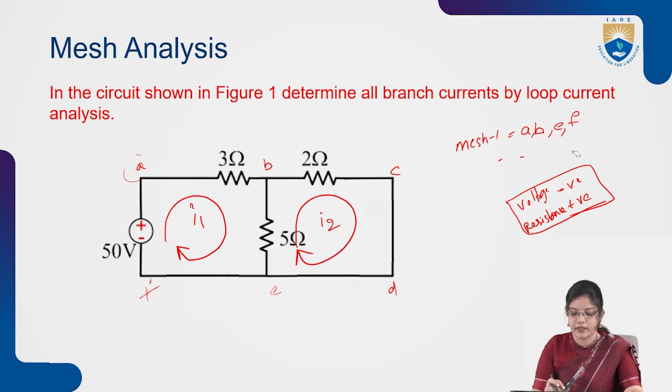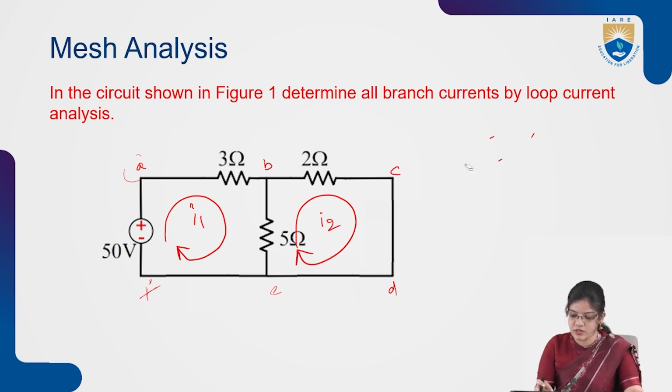Then we have to write the mesh equations. First, the voltage is negative, so minus 50, and the current flowing in this resistance is I1, so I take 3I1.